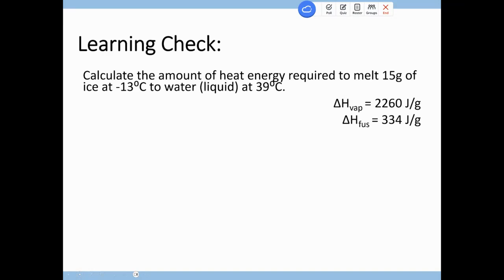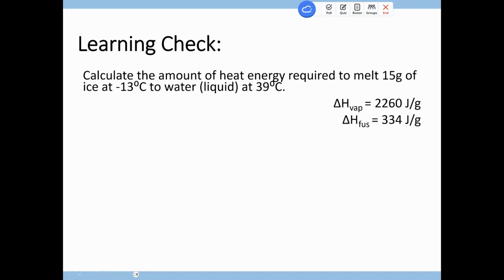So our first step, we have to consider where the sample is starting. The sample is starting at negative 13 degrees Celsius. Well, at negative 13, we're assuming 1 atmosphere of pressure. That sample cannot melt. We can't use heat of fusion yet because that sample is not at the melting point. First, the solid has to absorb some amount of energy to reach 0 degrees Celsius.